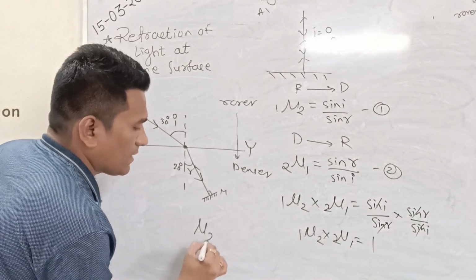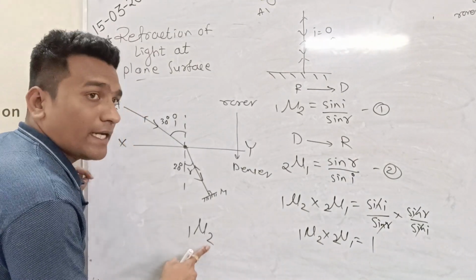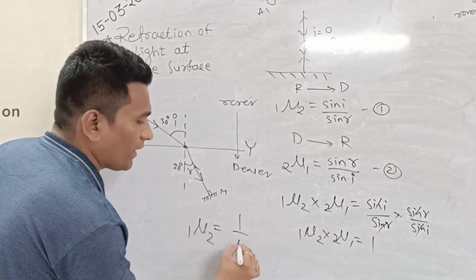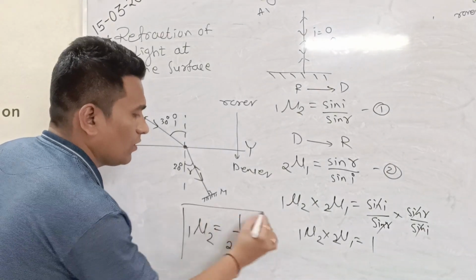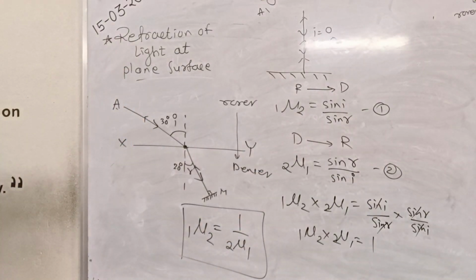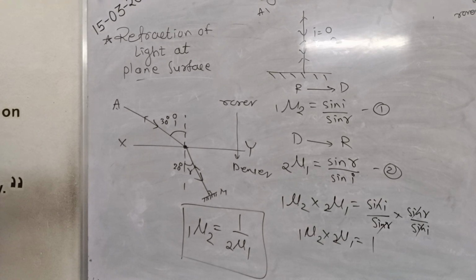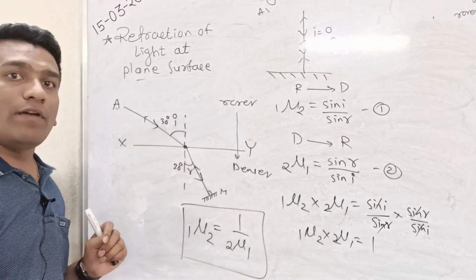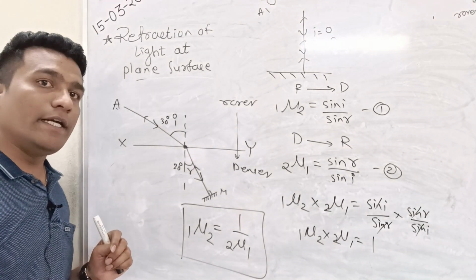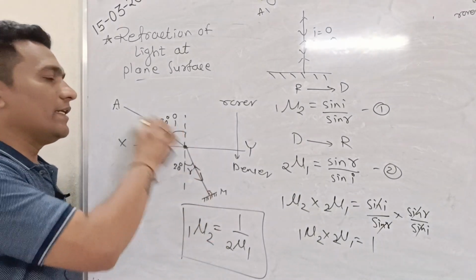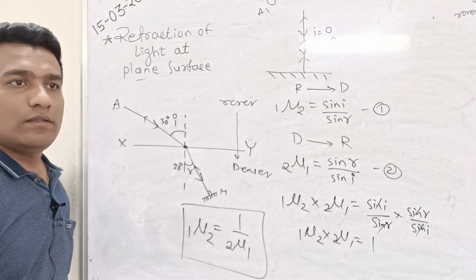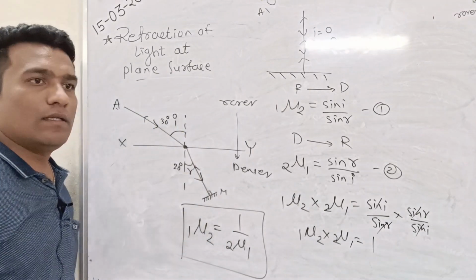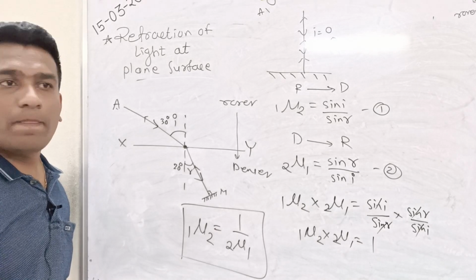So ultimately you got the formula, the refractive index of second with respect to first is 1 upon the refractive index of first with respect to second. Now this is the principle of reversibility of light. Why reversibility? Because the light ray has reversed its path. Okay, so we get this formula.